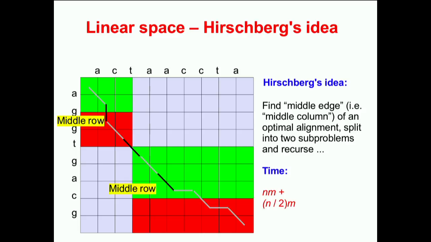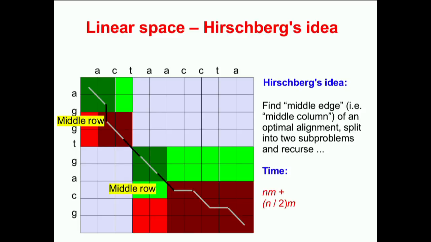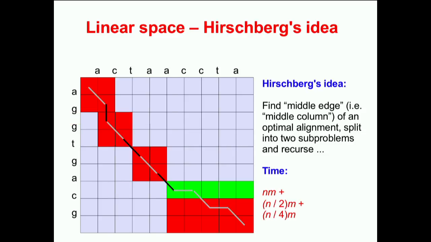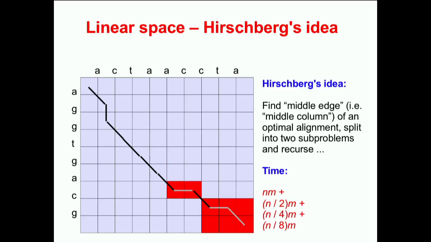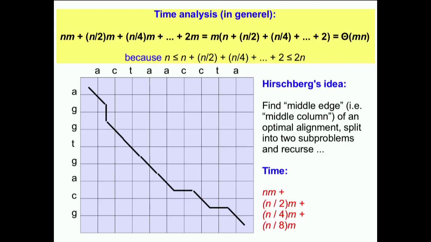Now the recursive calls are creating these n over 2 times m cost, n over 4 times m cost. And once you sum all of these costs and write them down, since this is geometrically going down, the nice thing is it sums up to m times n. This is different than doing block rows where the sum wasn't actually coming up right.